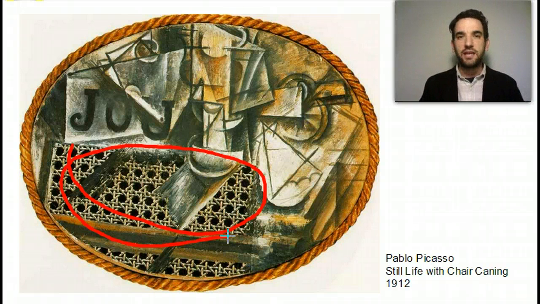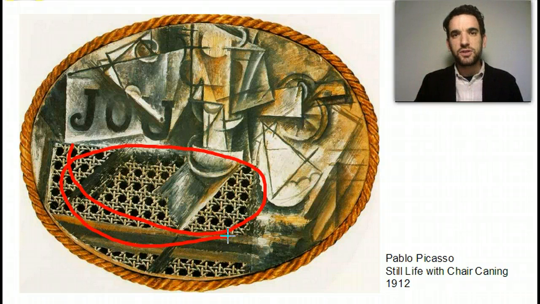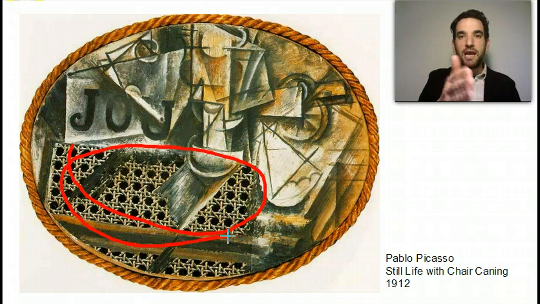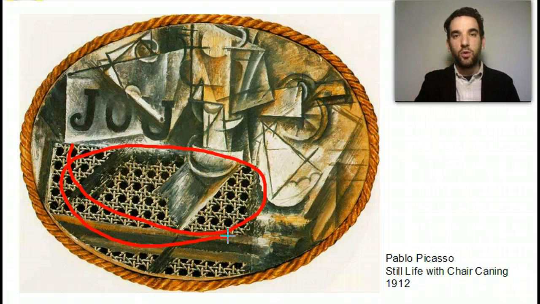Picasso famously said that art is a lie. It's just about lying, which can be understood as it's about illusions. It's about making the viewer think they're looking at something when actually they're looking at a different thing. Now, this goes all the way back to Ingres. He made his viewers think they were looking at a woman when actually they were looking at an arrangement of oil and pigment on a flat surface.